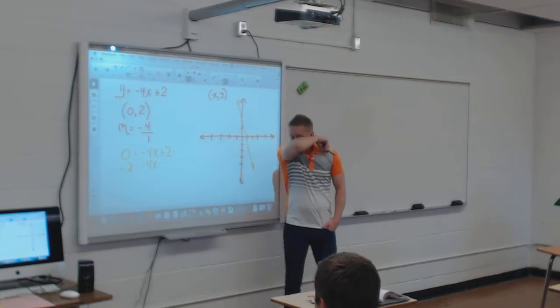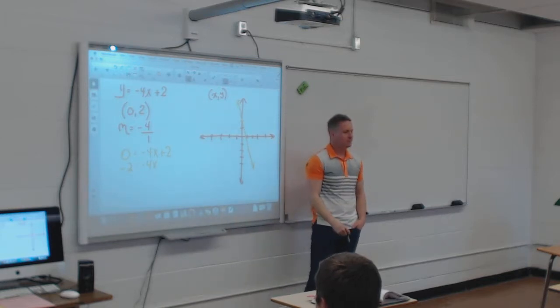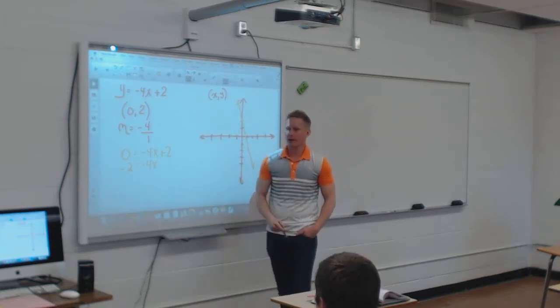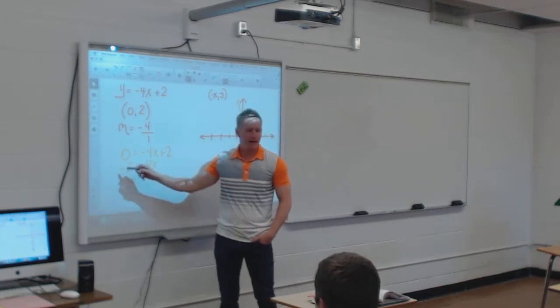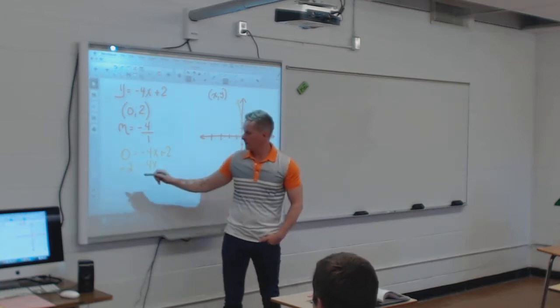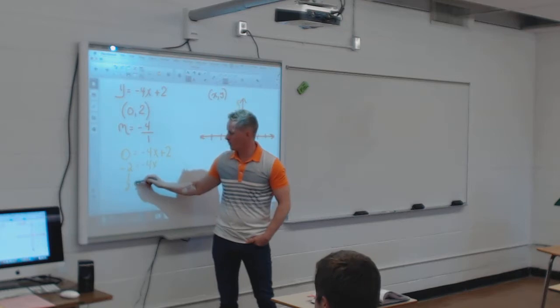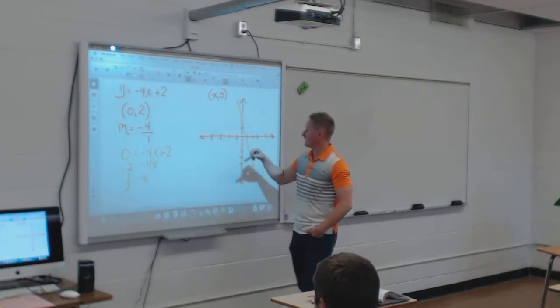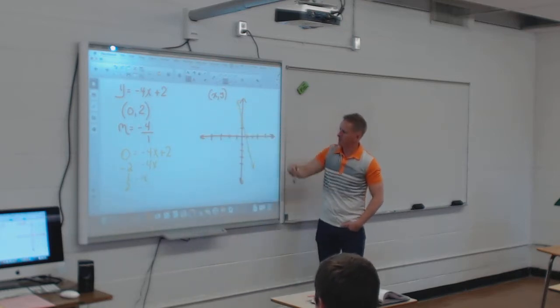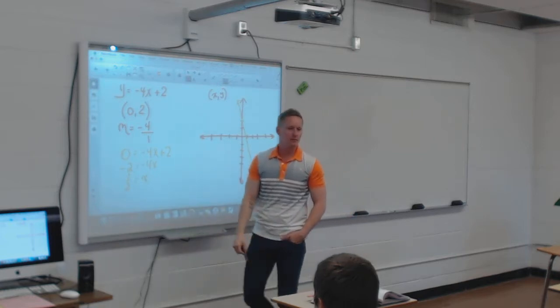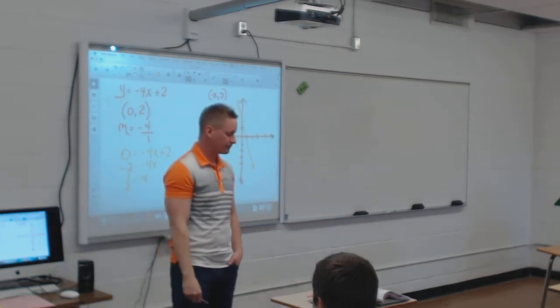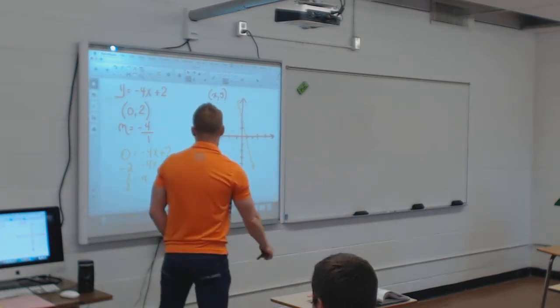Now divide both sides by negative 4. That gives me 1 over 2 equals x. That's this coordinate right here: 1/2 and 0. Okay? Alright.